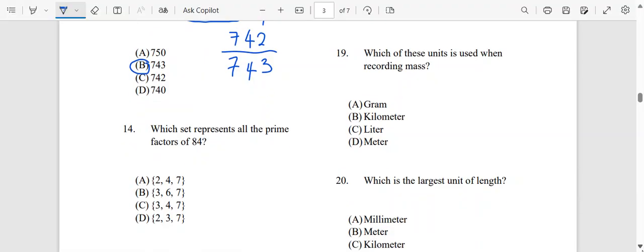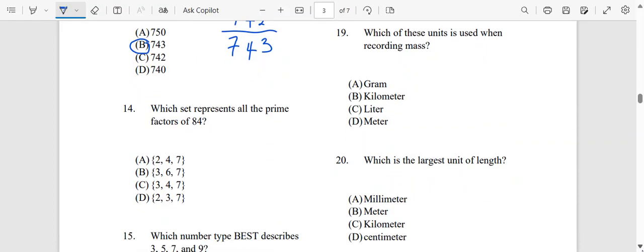Which set represents all the prime factors of 84? Remember, we know what prime factors are. You should know the term prime factors, right?